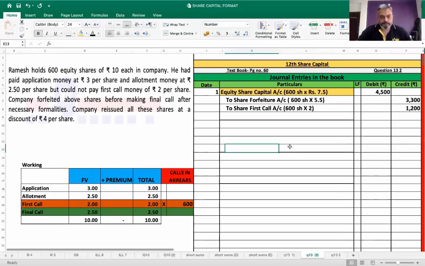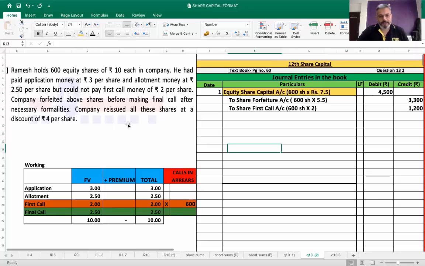Now, let's see what's happening. Company reissued all the shares at a discount of rupees 4 per share. So we forfeited 5.5. We gave a discount of rupees 4 per share. Now see over here in the question, it is said that company forfeited above share before making the final call after necessary formalities, and company reissued all these shares at a discount of 4 per share.